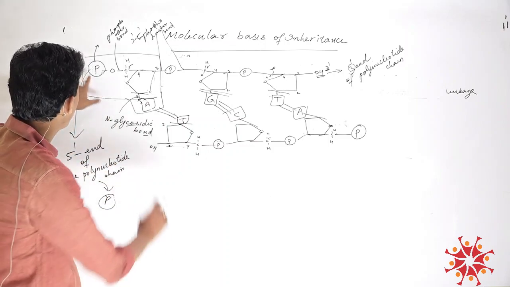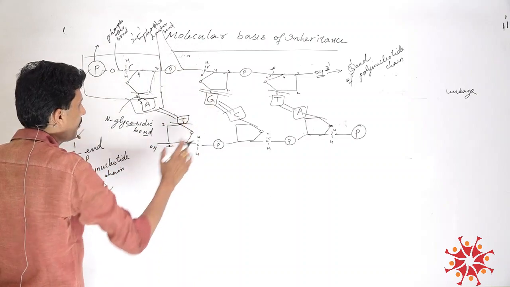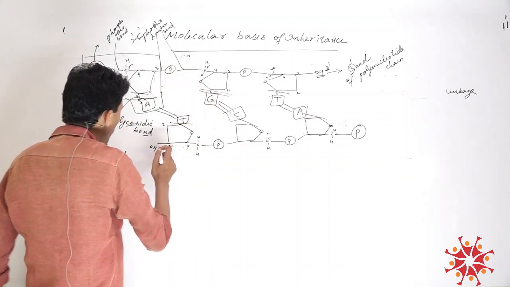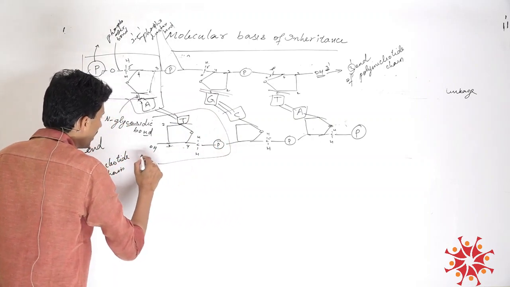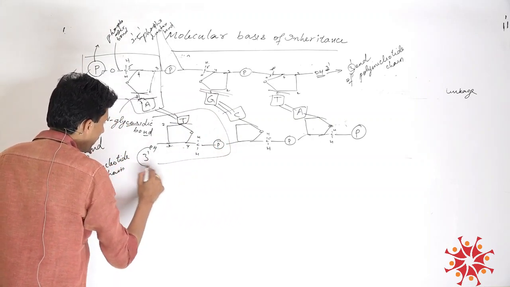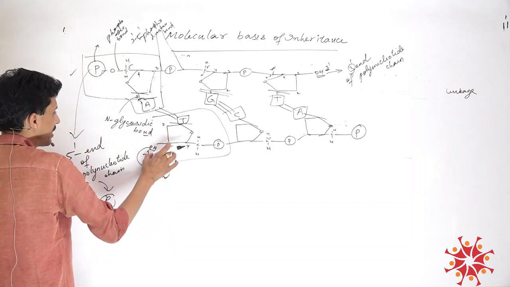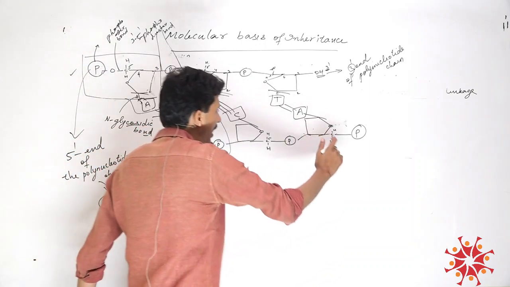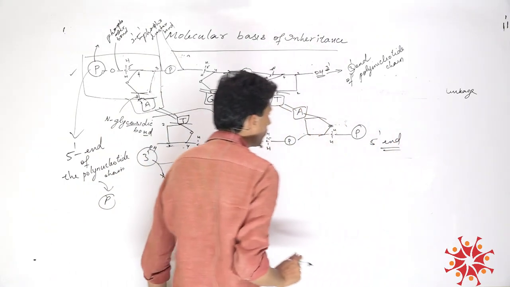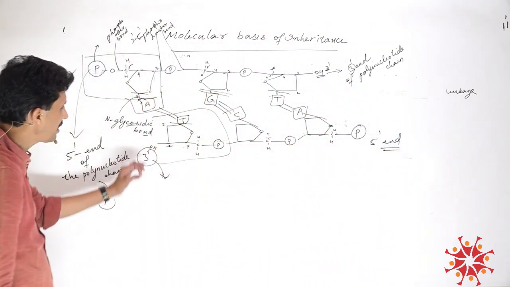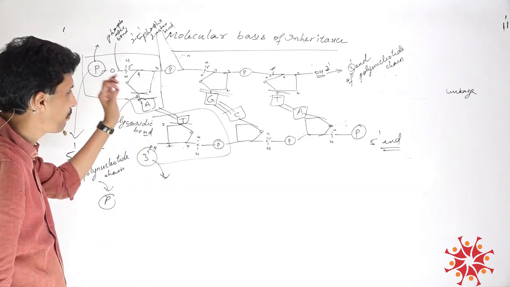If this strand runs 5' to 3', the other strand has its 3' end here, with the hydroxyl group, and on the other side you will have the 5' end. So the DNA strand has opposite polarity.